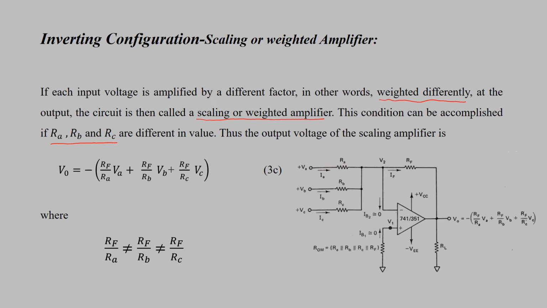The output voltage of scaling amplifier VO will be equal to minus of in bracket RF by RA into VA, plus RF by RB into VB plus RF by RC into VC, where RF by RA should not be equal to RF by RB, should not be equal to RF by RC. If they are equal, that will again become a summing amplifier, but we are trying to make it a scaling or weighted amplifier.